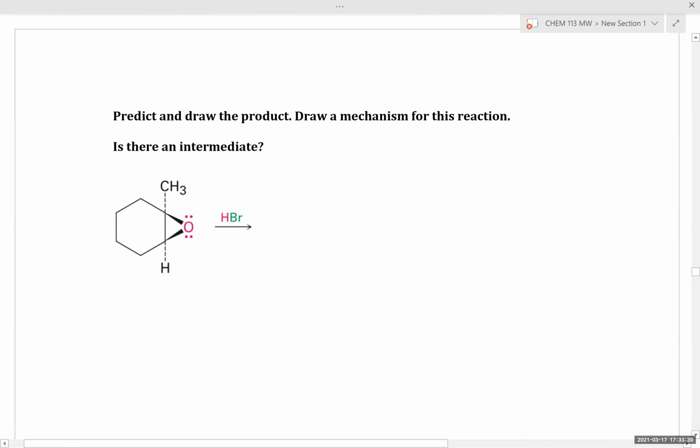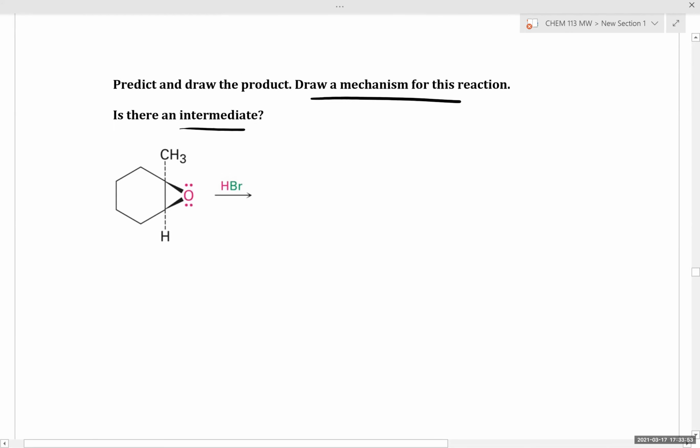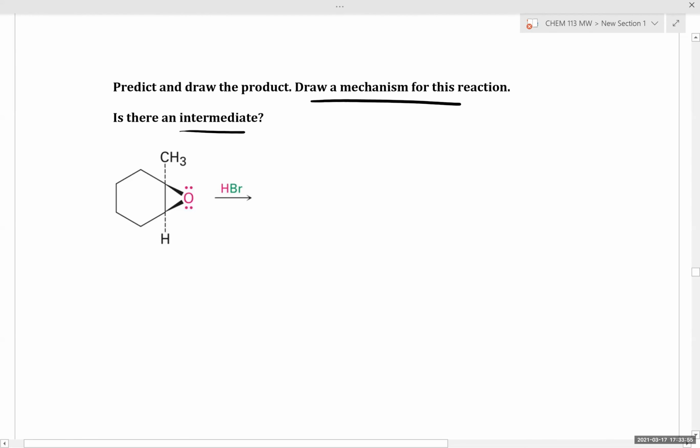So let's try to predict and draw the product for this reaction and draw a mechanism for this reaction. And is there any intermediate generated over the course of the reaction? So let's take a few minutes and let's work over the next 3 to 4 minutes on drawing out a mechanism for this reaction. I'd like you to share your responses as a photo of your written work in the chat.